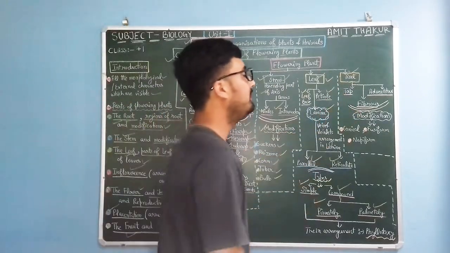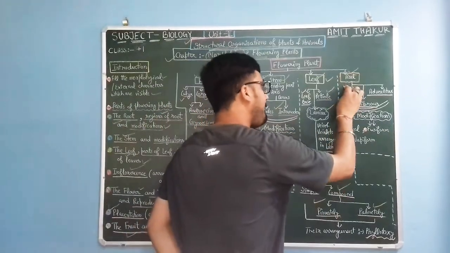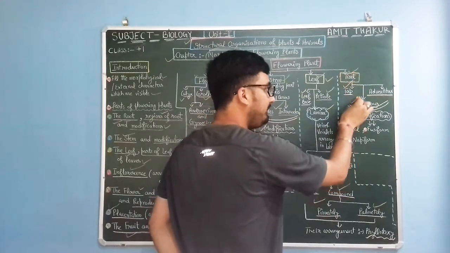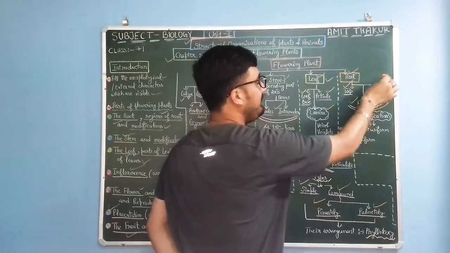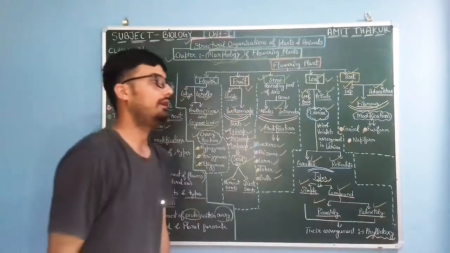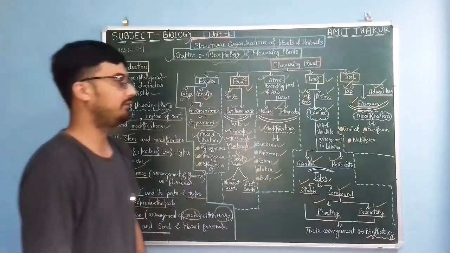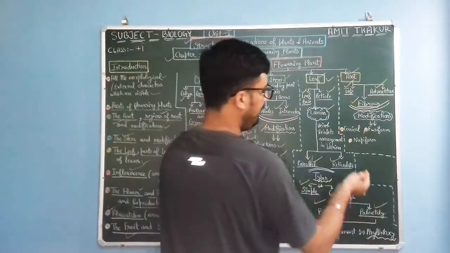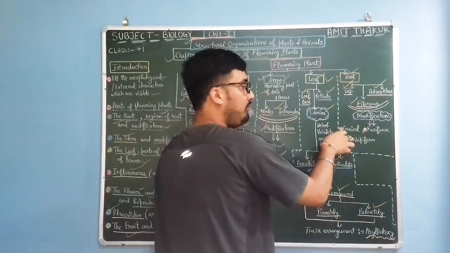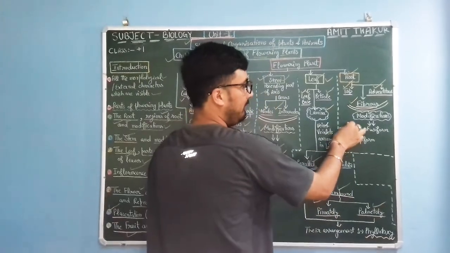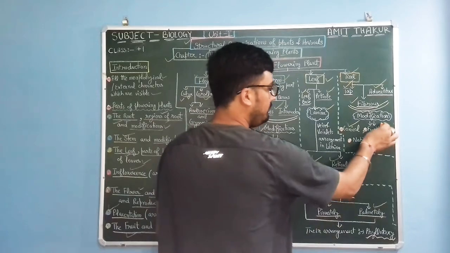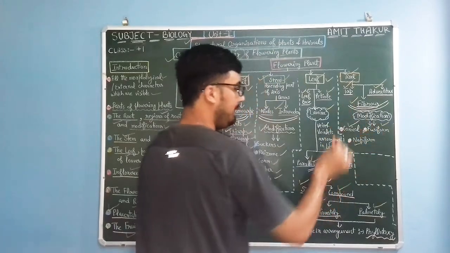Then roots. Roots can be taproot system, fibrous root system and adventitious root system. And there are some modifications of roots: the taproot modifications like fleshy roots, conical, fusiform and napiform.